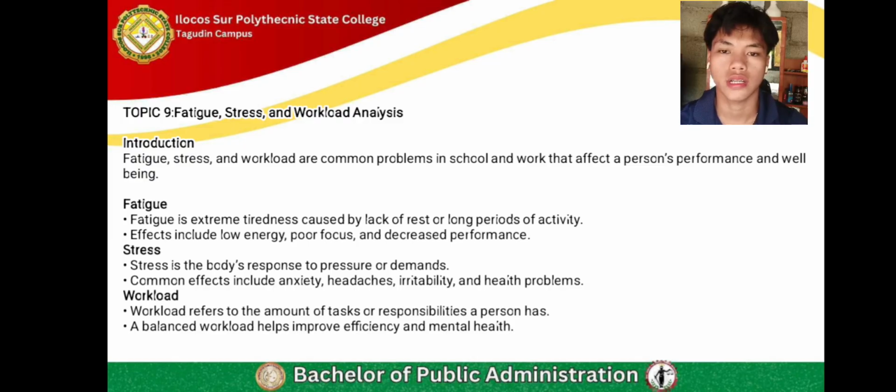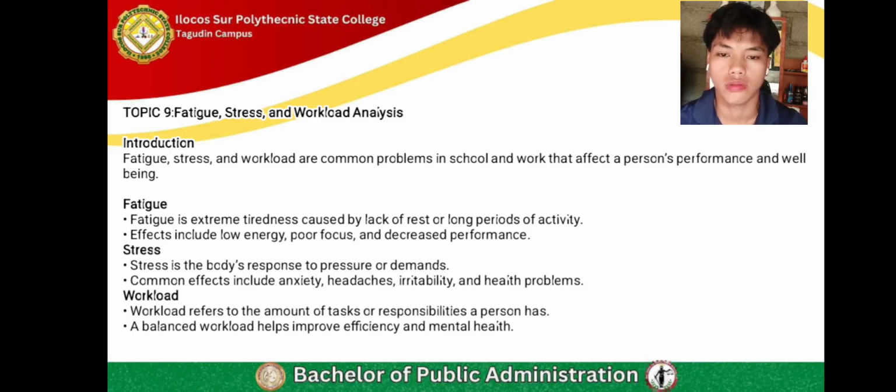Stress. Stress is the body's response to pressure or demands. Stress happens when you feel overwhelmed by responsibilities, problems, or expectations. Common effects include anxiety, headaches, irritability, and health problems. Too much stress can make you feel worried, easily annoyed, and even physically unwell.